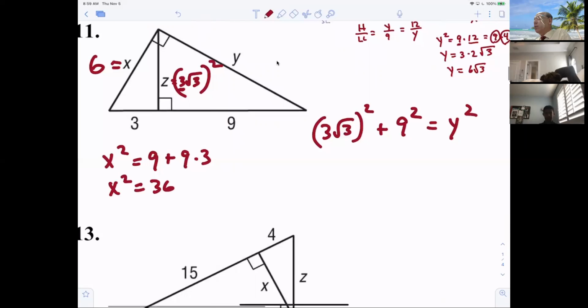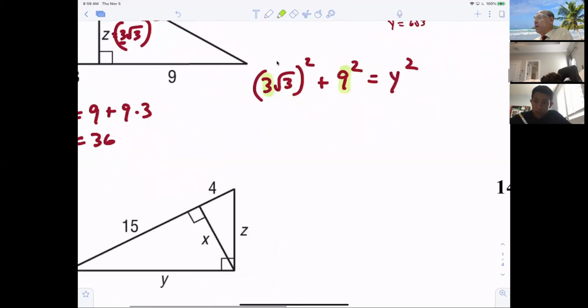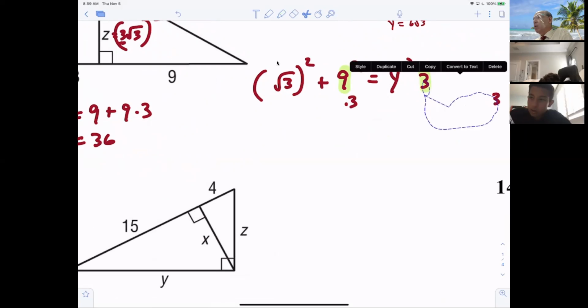Now remember, I tried to show you something earlier. This has a common what? 3. So this over here, I'm going to pull that out. Please listen. 9 is 3 times 3, right? So I'm going to grab this 3, and I'm going to put it over here as a 3. You're multiplying by 3.